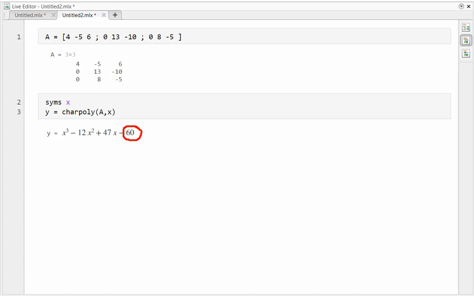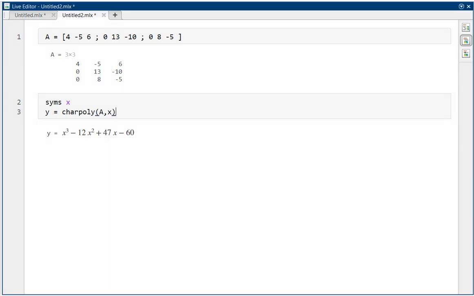Now it's not impossible, right? But 60 has a couple of 2's and a 5 and a 3 in its prime factorization. So we've got lots of different factors to try to break this down. So we have to find one.